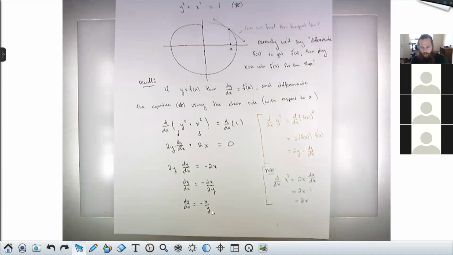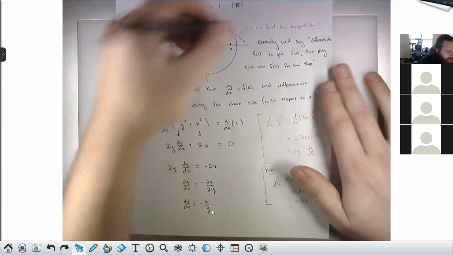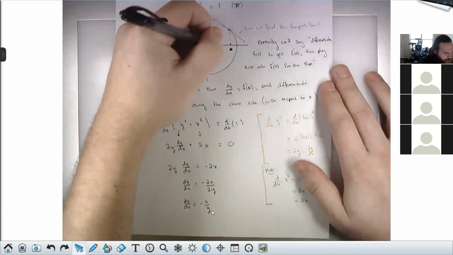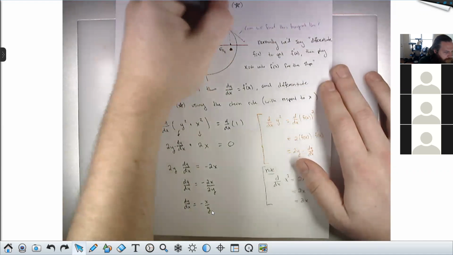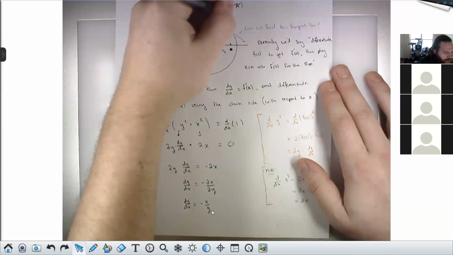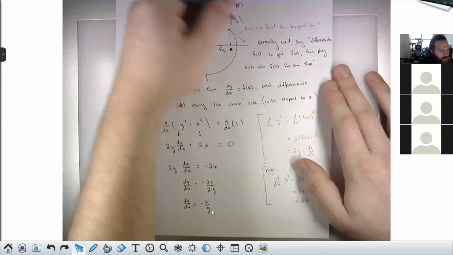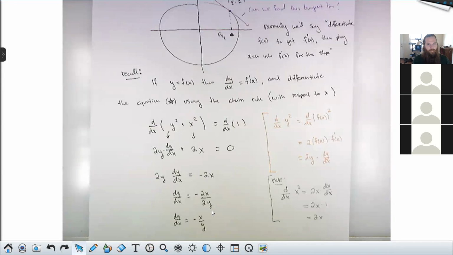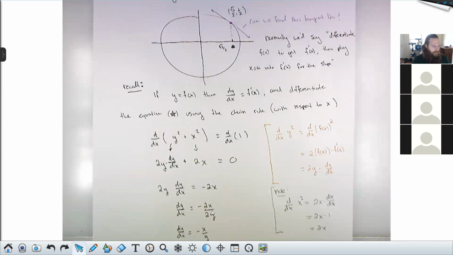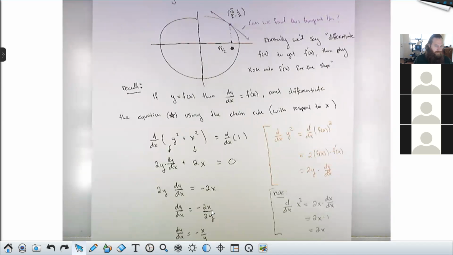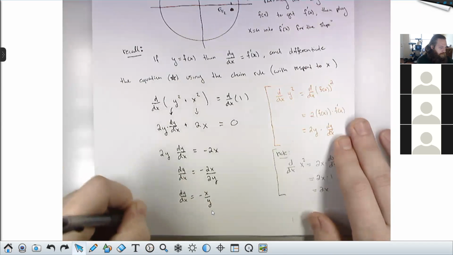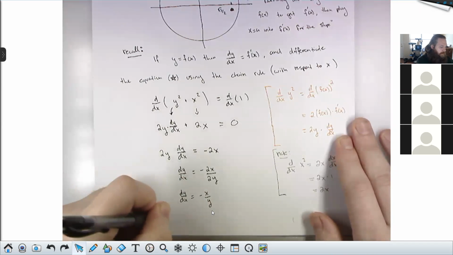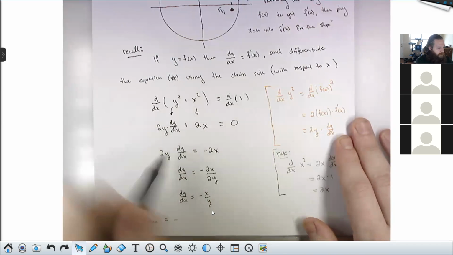So if we want to take a particular point here, if I wanted to say that this point right here was root 3 over 2 comma 1/2, which is a point we know is on the unit circle, then I could say that the slope of that tangent line, the slope of my tangent line, would be equal to negative x over y.